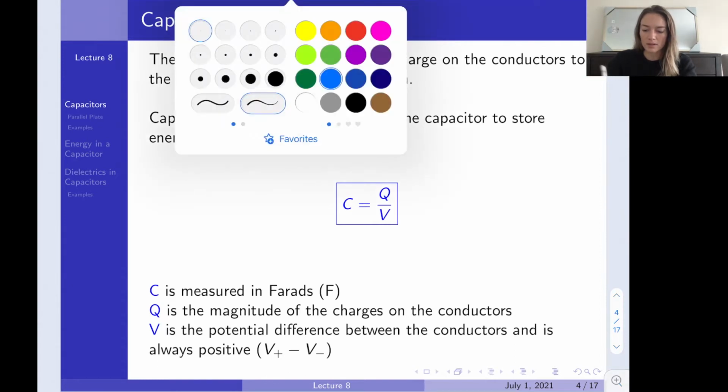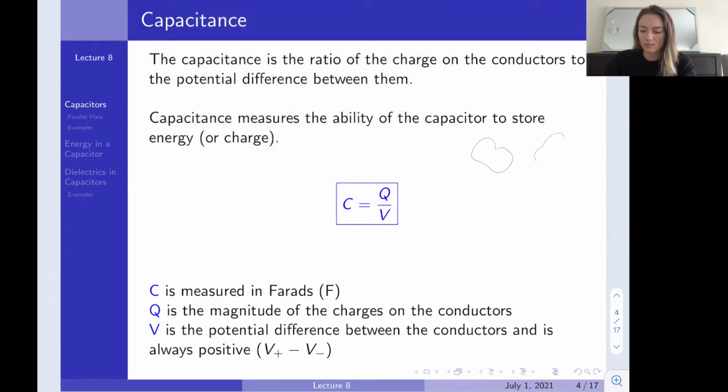If you have two conductors shaped like that, and they have charge positive Q and minus Q, both the electric field and the potential of this setup will be directly proportional to the magnitude of the charge Q on each conductor. So the capacitance just measures the ratio of the magnitude of the charge on the conductors to the potential difference between them. It's basically a measure of how much charge or energy can be stored in this configuration, which we'll see more later.